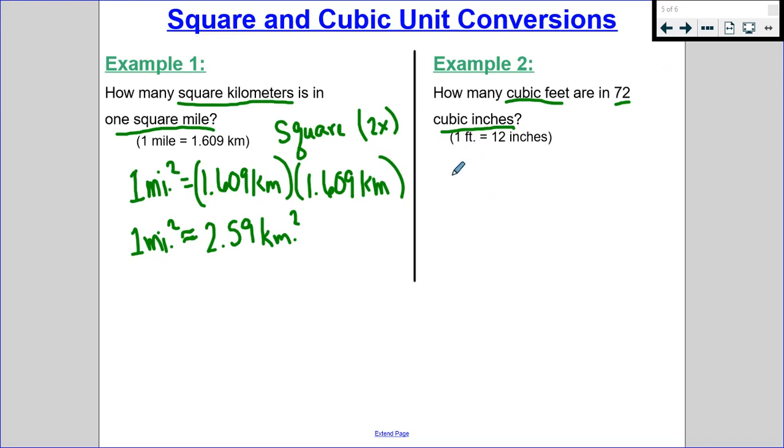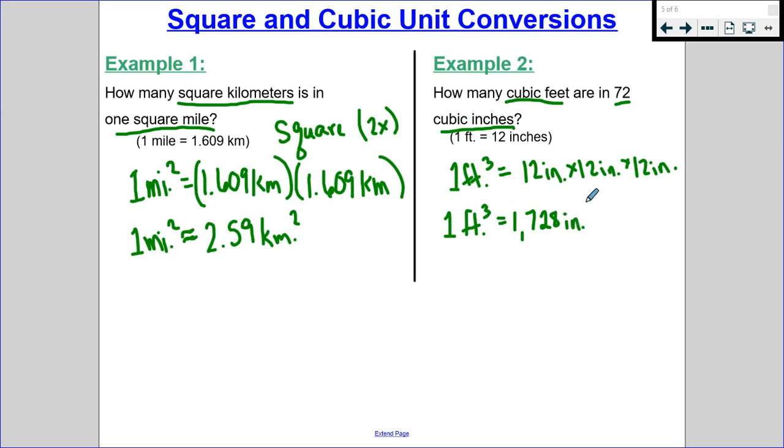So if I have 1 cubic foot, I would do it this way. 1 cubic foot is 12 inches times 12 inches times 12 inches, which is going to give us something way bigger than 72. So 1 cubic foot, or 1 foot cubed, is the same as 1,728 cubic inches.